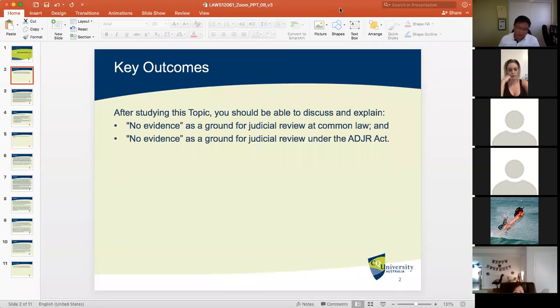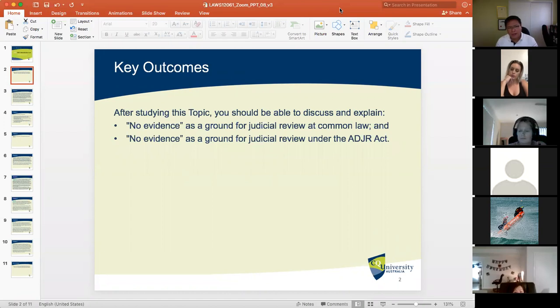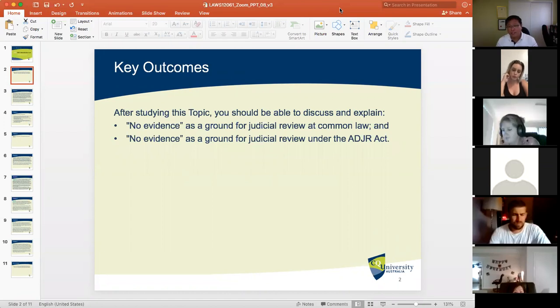Okay, fair point. What we need to remember, in fact, is that the grounds for judicial review, including the breach of natural justice, is actually covered in week 2. It is covered in week 2, and we covered it as we talked in greater detail about judicial review in week 3 as well. So it is a foundational concept.